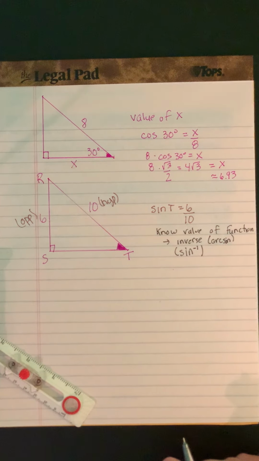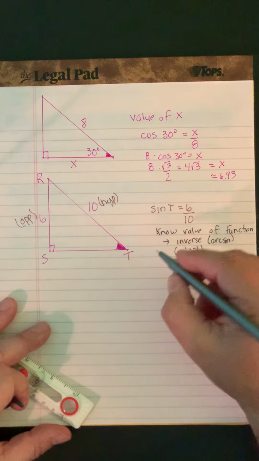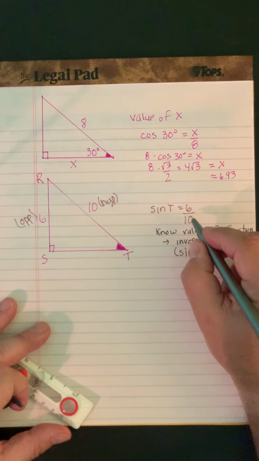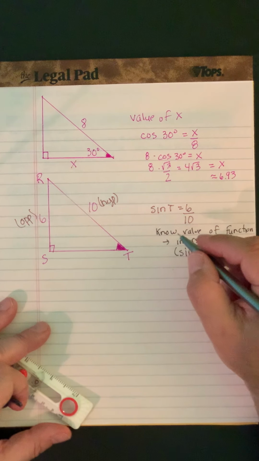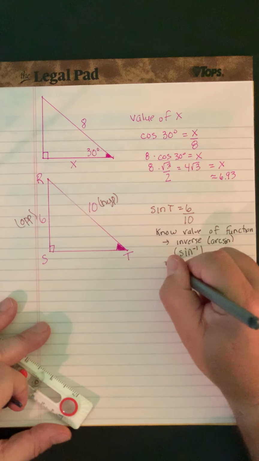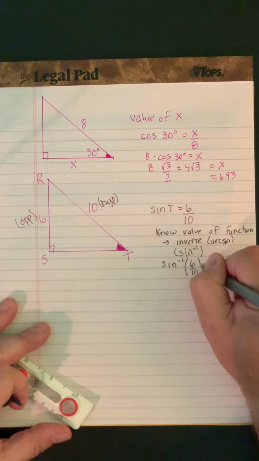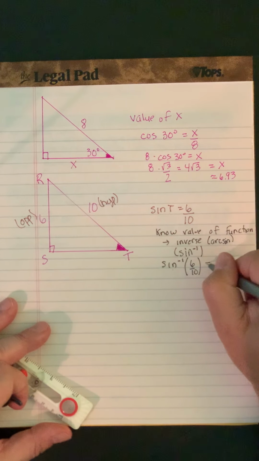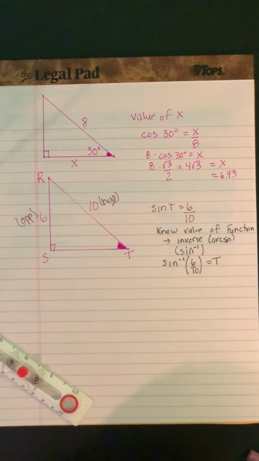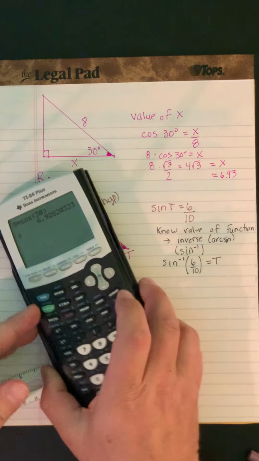Okay, that doesn't mean reciprocal. So if I go back up here, the 6/10 is the sine. I'm not looking for the sine, I'm looking for the angle. So I would do sine inverse of 6 divided by 10, and that's going to equal angle T. So calculator back again.